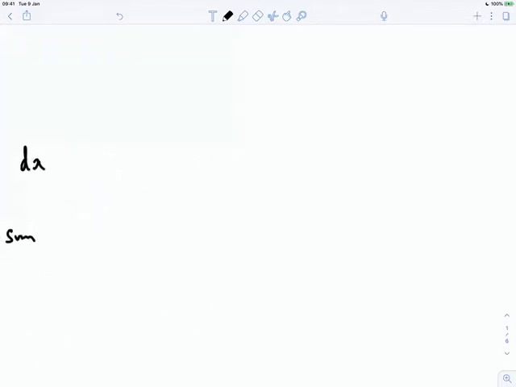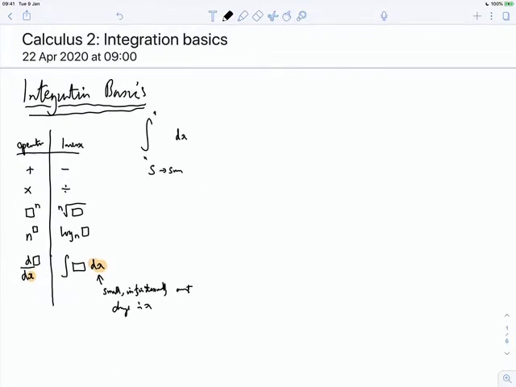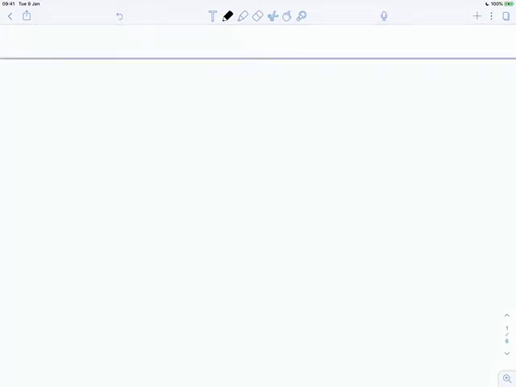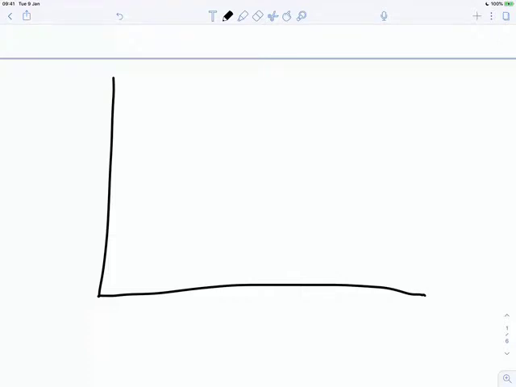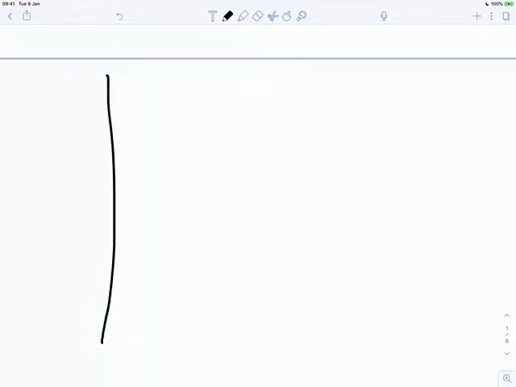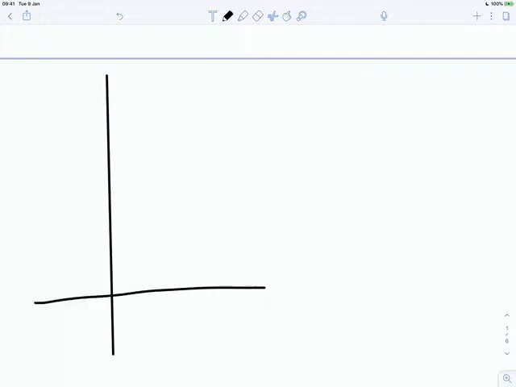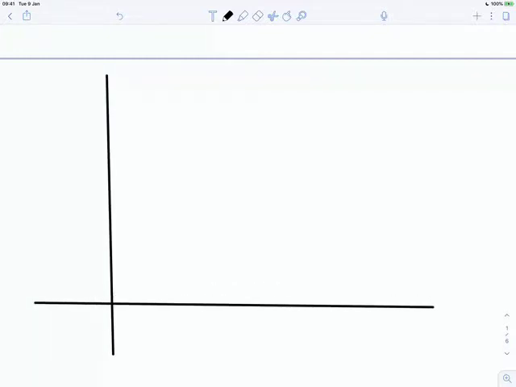Now this isn't immediately obvious, and I suggest you go away and think about this, although it's pretty easy to prove. If I've got a curve, here it is, there's my y equals my function f of x.